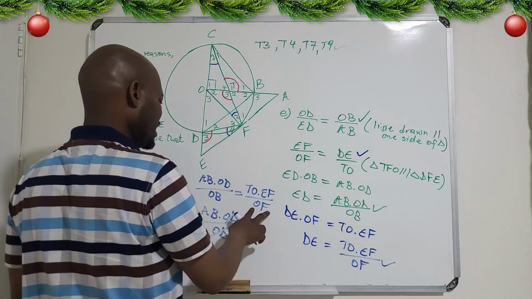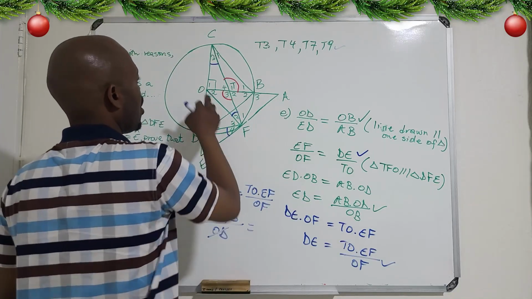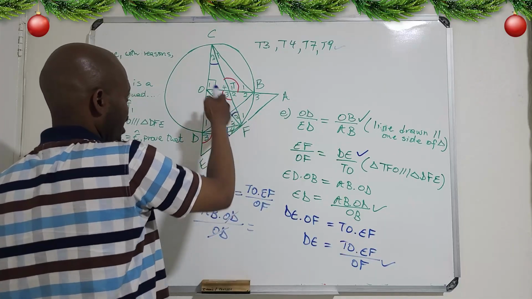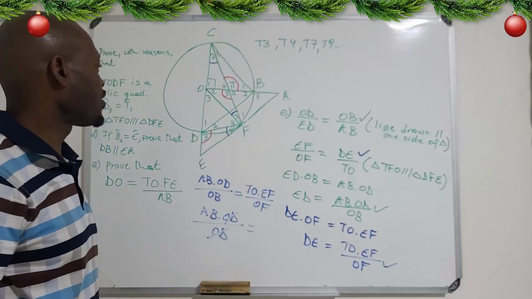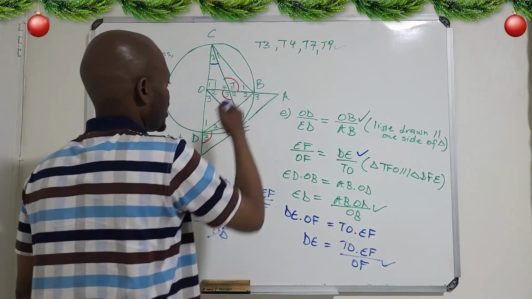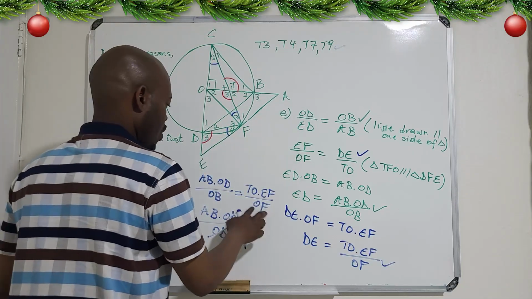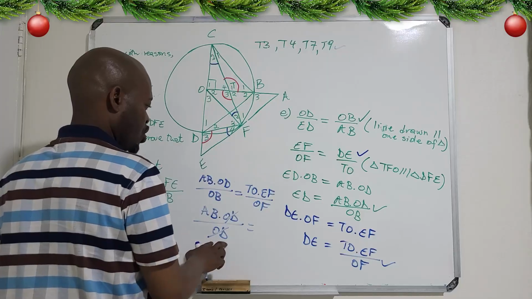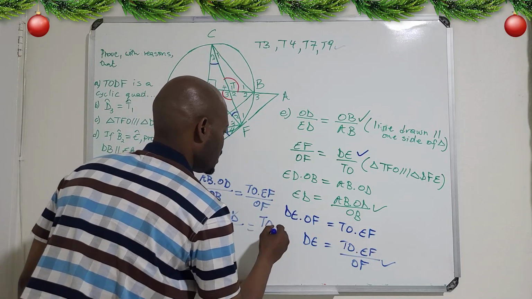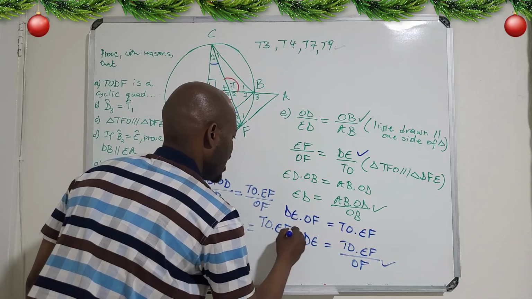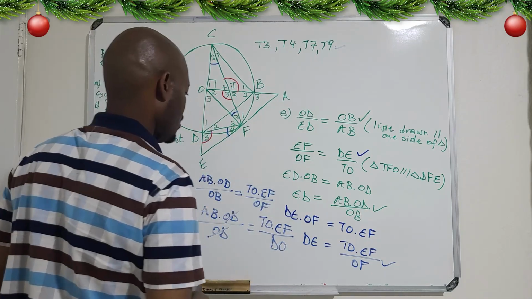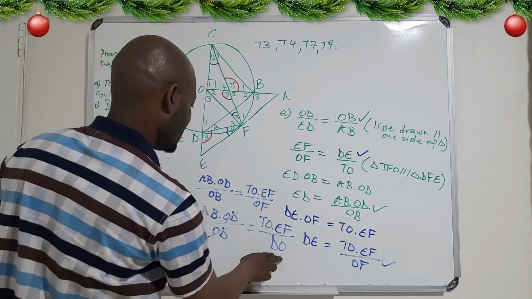OF still equals OD because it is the radius. Therefore, this radius is equal to that, and also equal to that. Where I see OF and OB, I put OD. Therefore, TO times EF over DO.